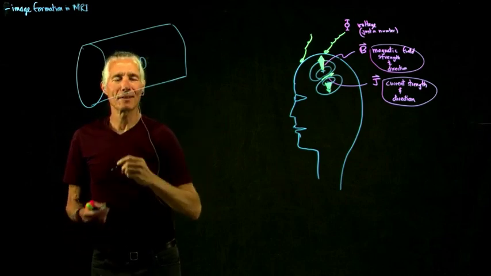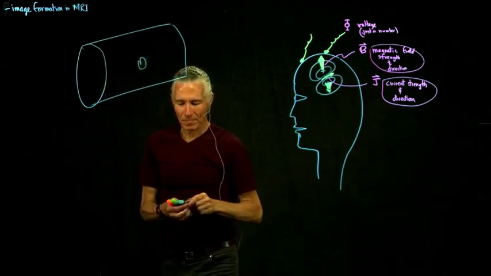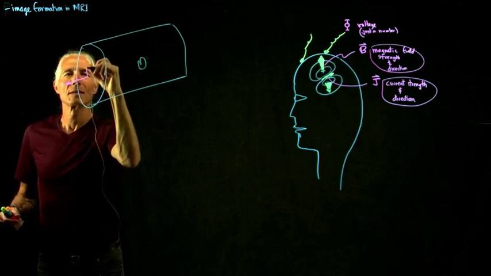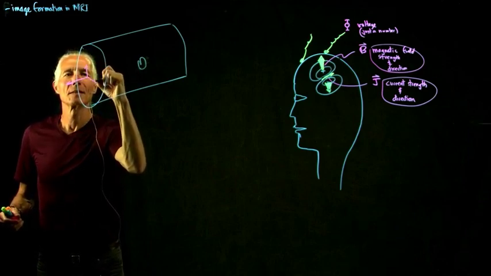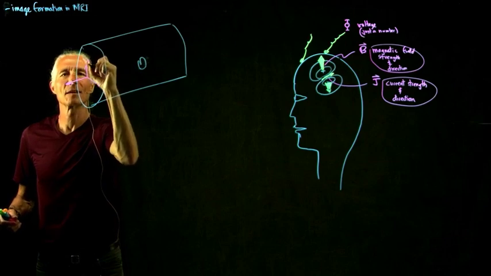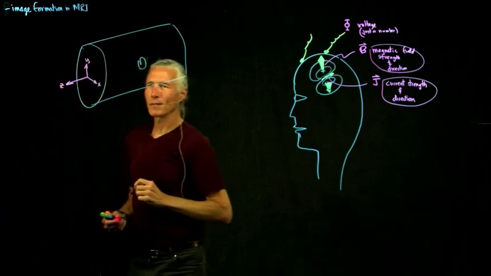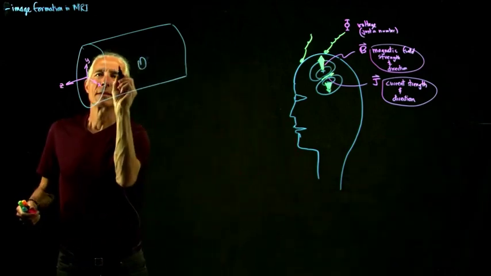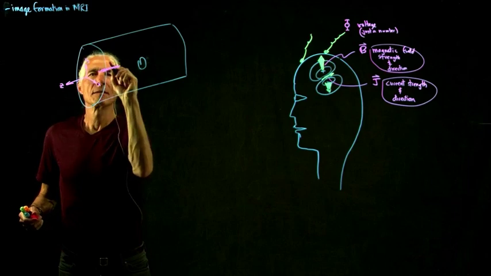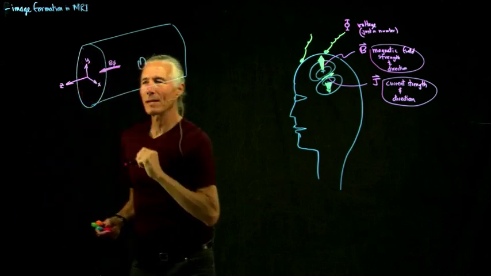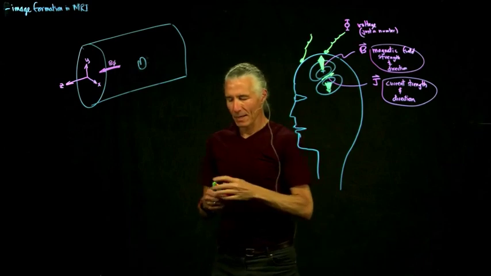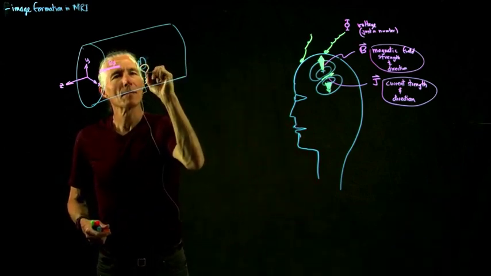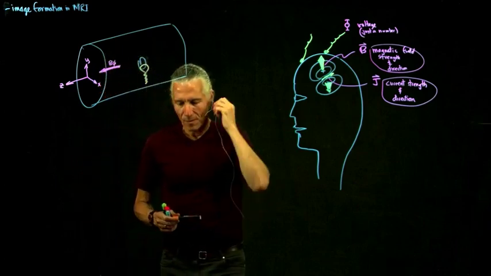The coordinate system is like this: that's the X and the Y, and the Z was the direction of the magnetic field. The B0 is in that direction, caused by the main magnetic field. And then we've got these coils around here that are picking up the signal from the little radio wave.